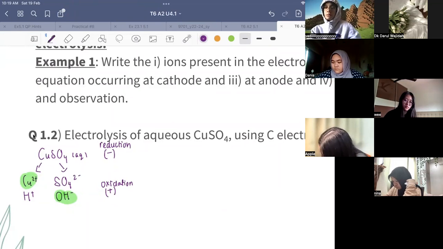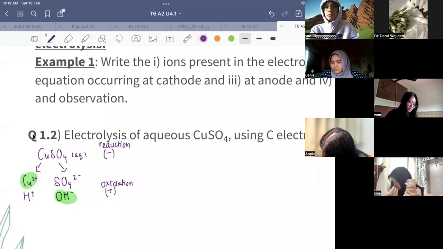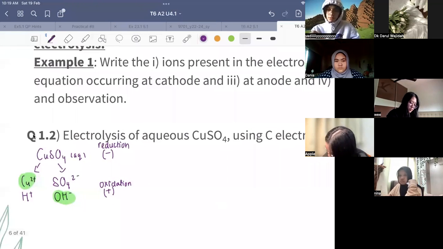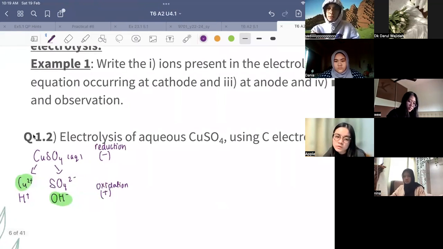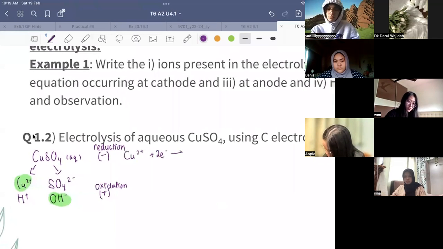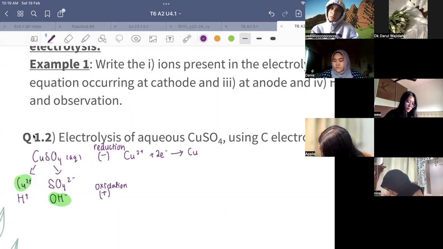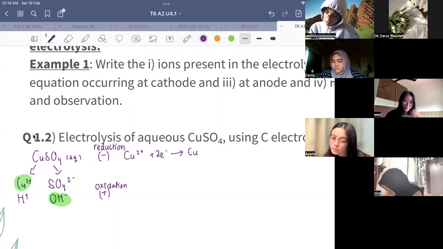So the positive ions will go to the negative terminal, and we have to write down the equation for the reduction process, which is Cu2+ gaining electrons. Remember your OIL RIG: reduction is gain of electrons and oxidation is loss of electrons.